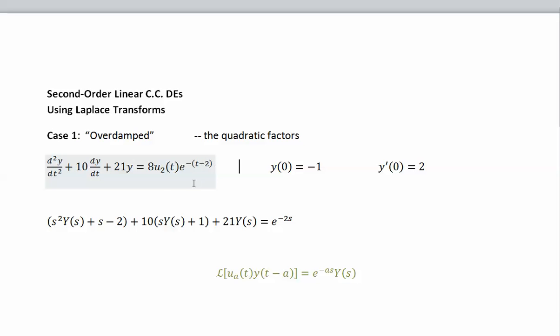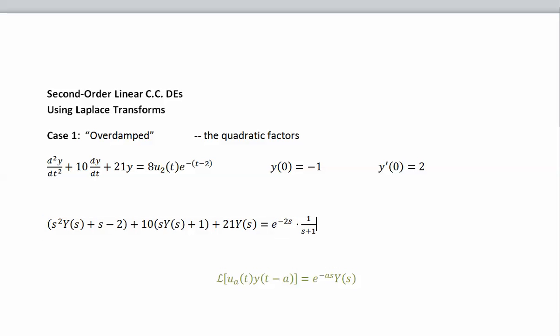It was then shifted over, but before that it was just e to the minus t, and the Laplace transform of e to the minus t is 1 over s plus 1. As shown. And I don't want to forget there was also a constant multiple of 8 that I need to throw in there as well. Okay, so this is the algebraic equation we get after taking the Laplace transform.